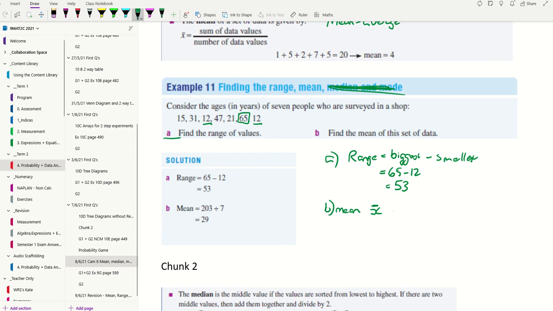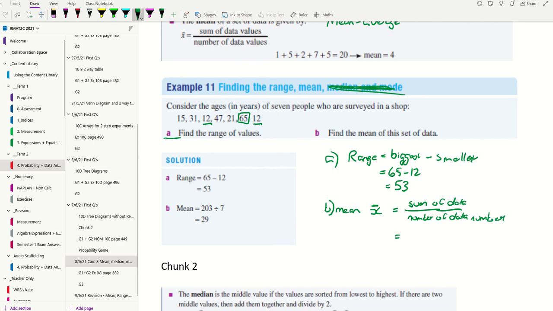And our mean is the sum of data divided by the number of data points, or data numbers.